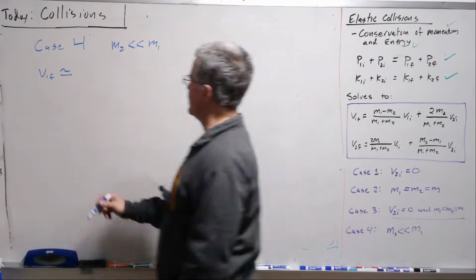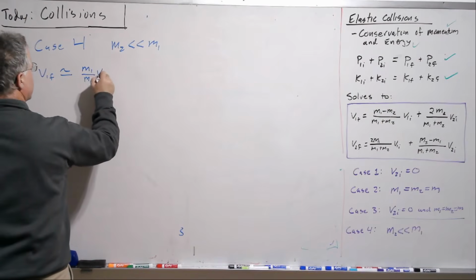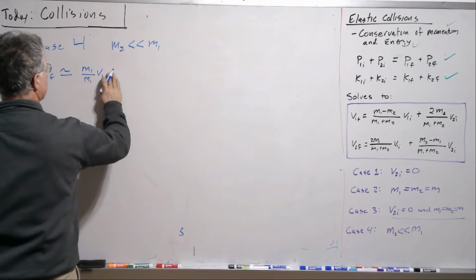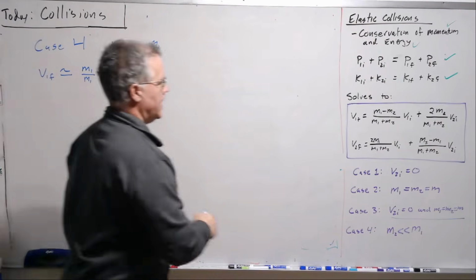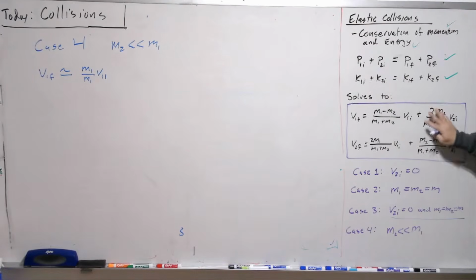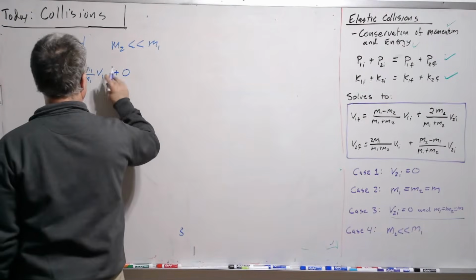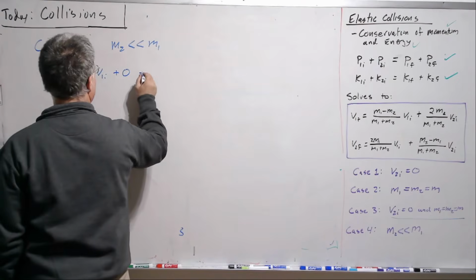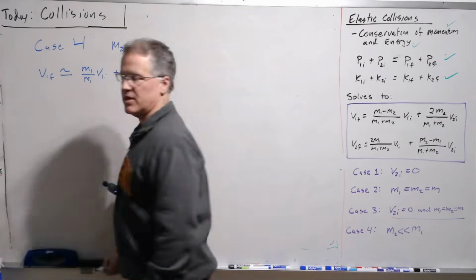So we will get M1 over M1, which will cancel, V1 initial. And then this will be essentially 0 because we'll have M2 very, very small over M1, which is very big. V1 initial.